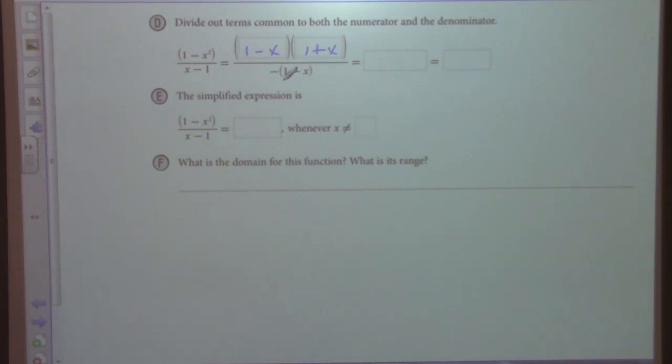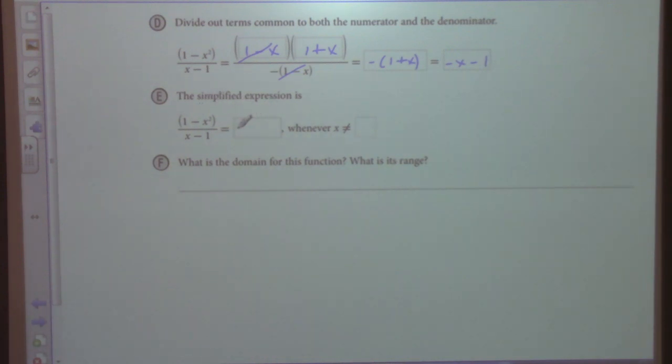And here, you can cancel out these things here. And what do we have left? Negative 1. So we have negative 1 plus x. And if we go ahead and distribute that negative sign, what do we have? Negative x minus 1. Right? So we simplify all this down, it simplifies to this.